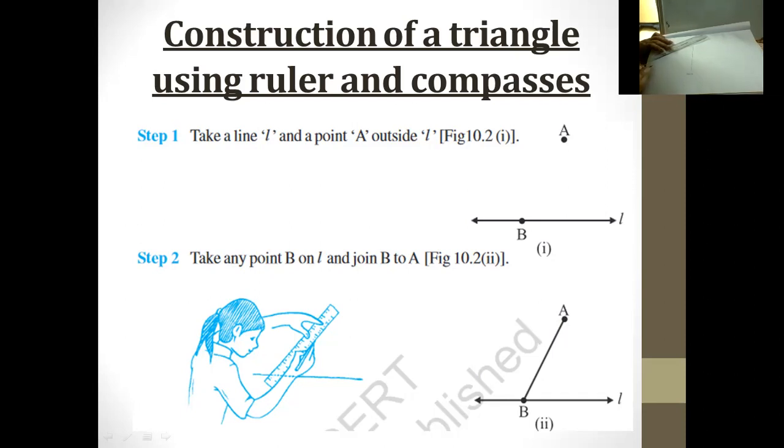Now after that, what we have to do is keep a point outside the line, that is named A, which is not on the line but outside of the line. Then what is next we have to do?